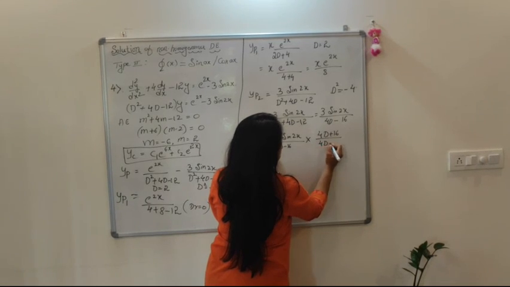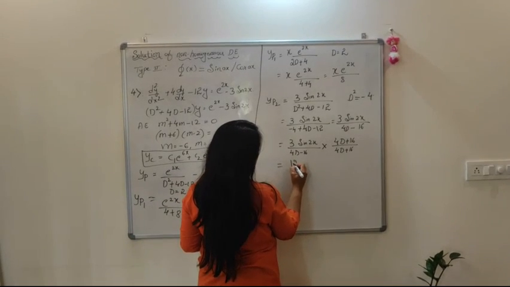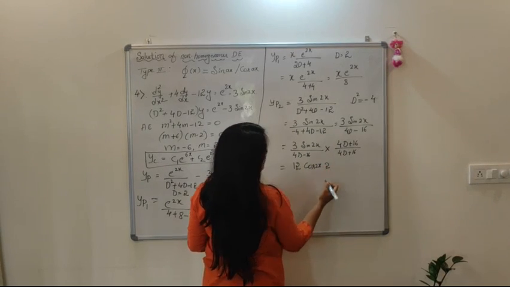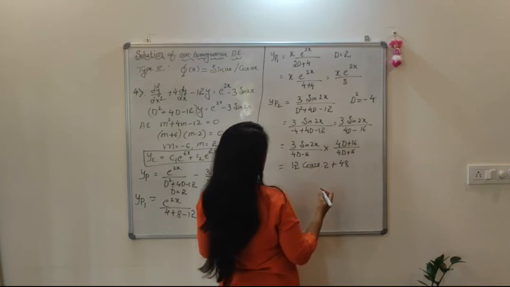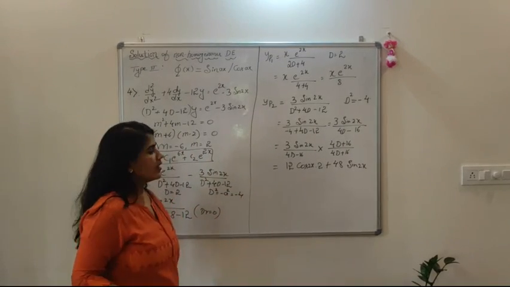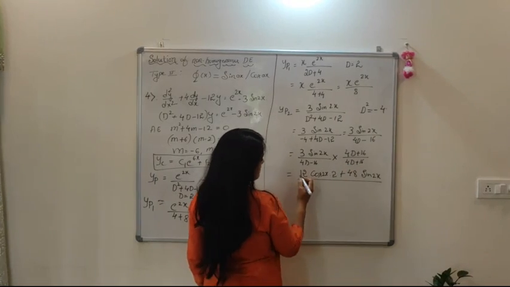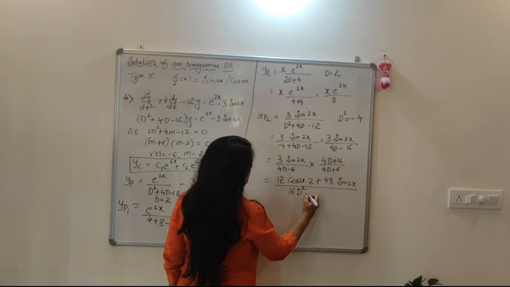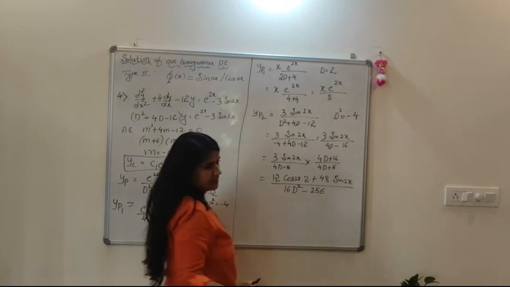So 4 threes are 12, the differentiation of sin 2x is cos 2x into 2, plus 16 threes are 48 into sin 2x, divided by the whole thing. a plus b into a minus b means a square minus b square: 4d whole square, 4 fours are 16 d square, minus 16 square, 16 square is 256.